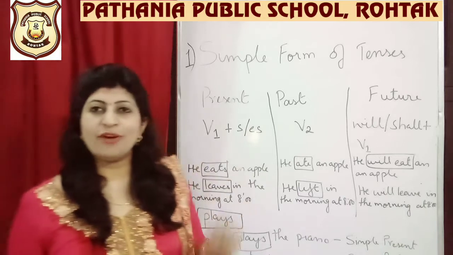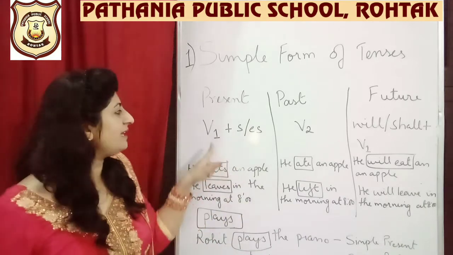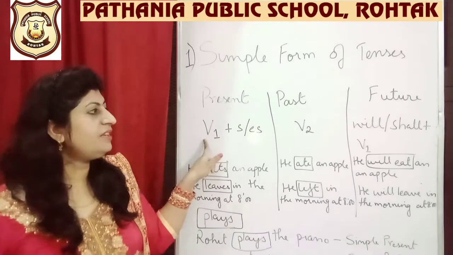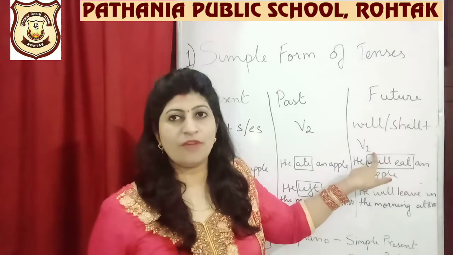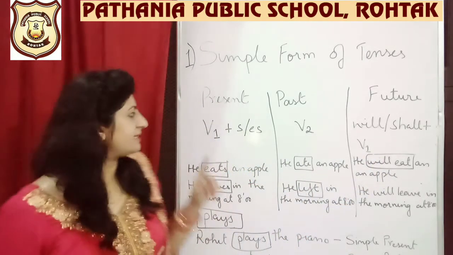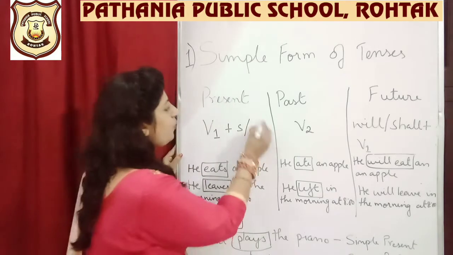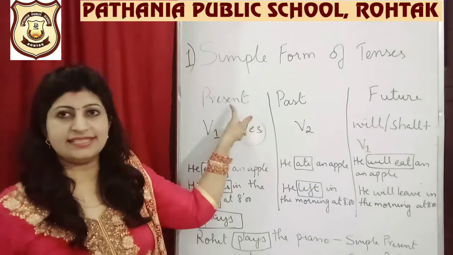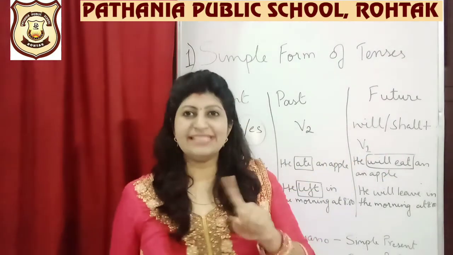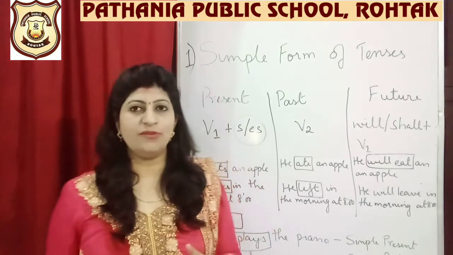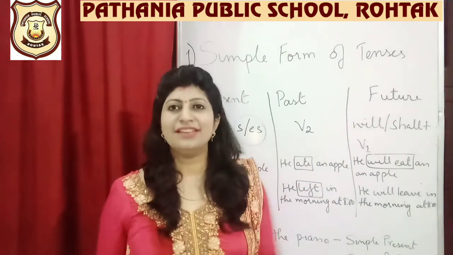So which form of the verb is present tense using? Present tense is using V1. So it will use the V1 form of the verb. But do remember s and es. This portion is used only by present tense. This portion future tense is not using. But yes, of course, the base form of the verb even future is using.